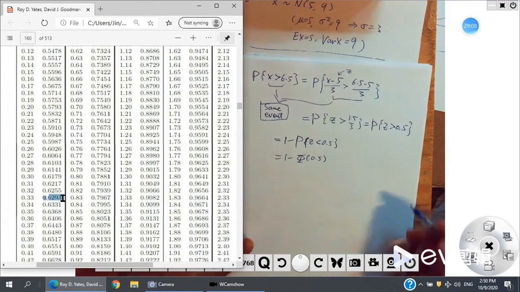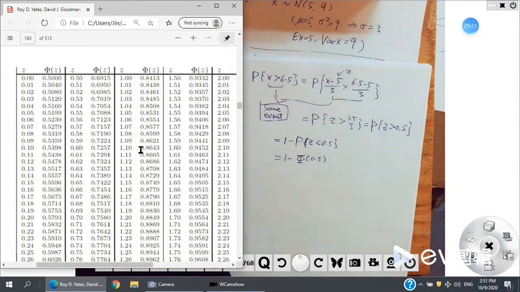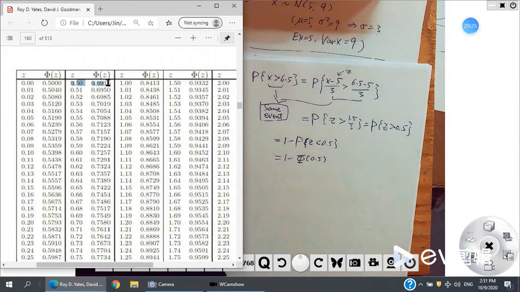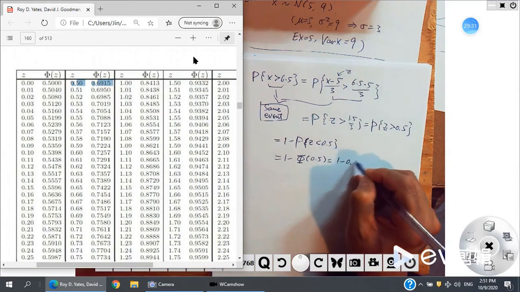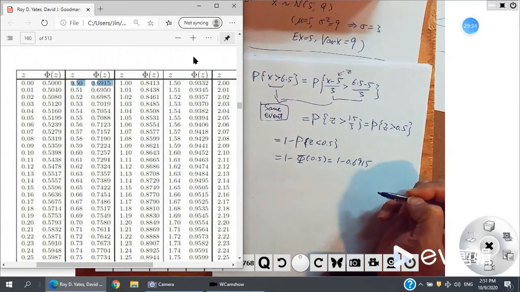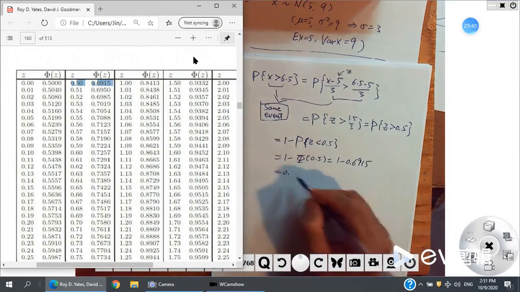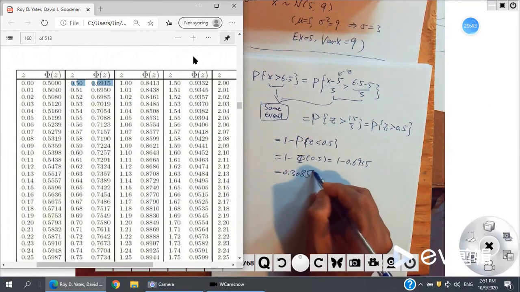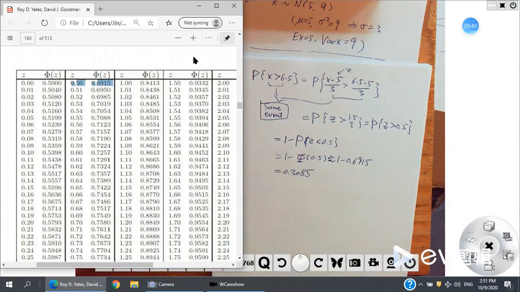Okay, in this case can we find it directly? 0.5 should be here. 0.5 is here, right? So it is 1 minus 0.69115. This is 0.3085. Alright, approximate actually. So we have this probability.